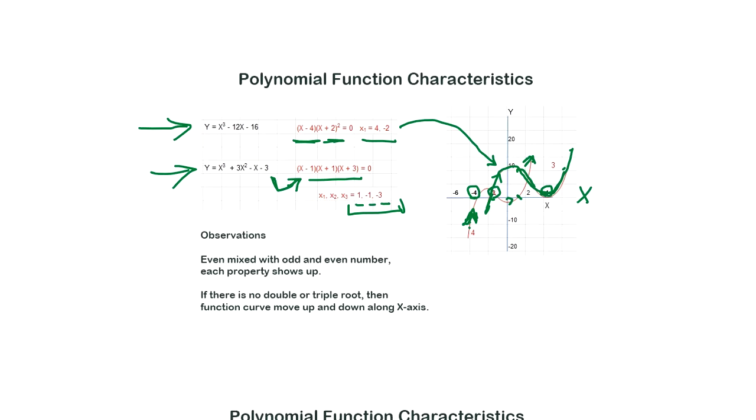By factoring, you can draw the overall curve of a polynomial, right? So when somebody gives you a polynomial and says, draw how it looks, the first thing to do is check the roots and the type of root.